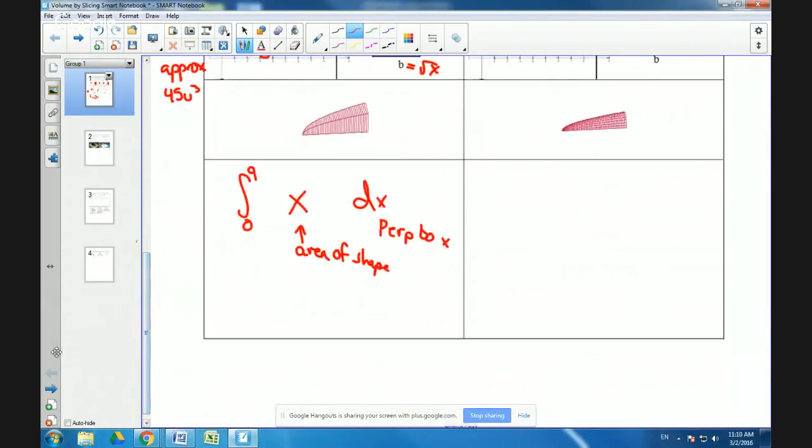So what is the answer to that integral? It's 9 squared, 81 divided by 2.